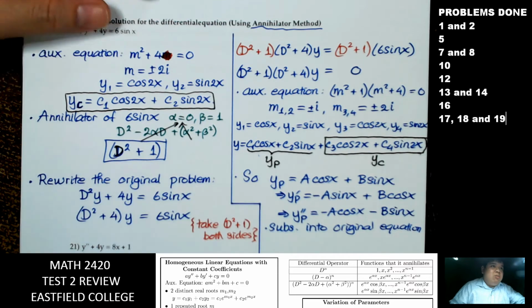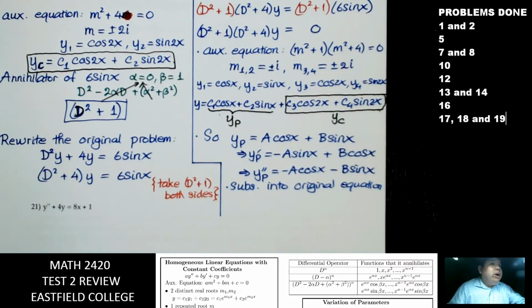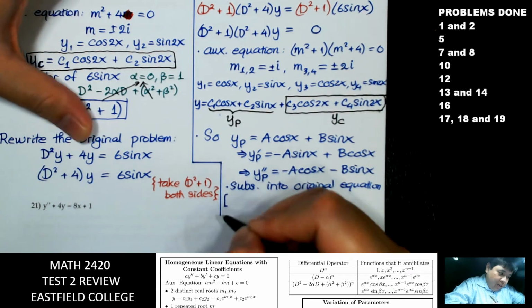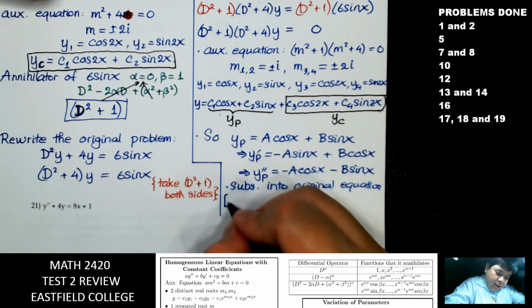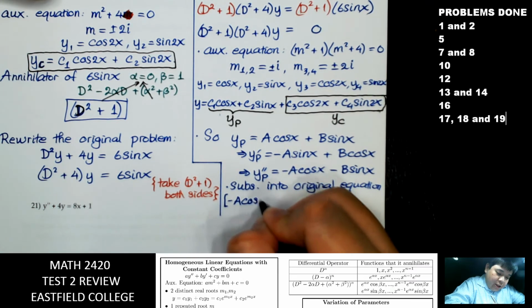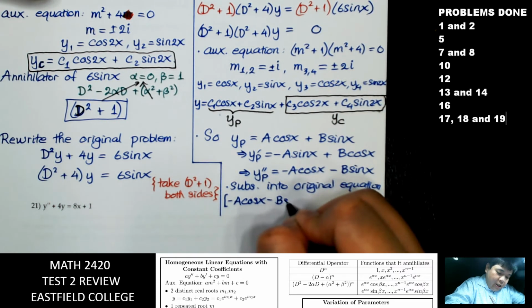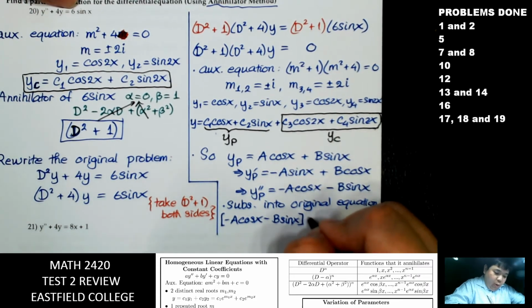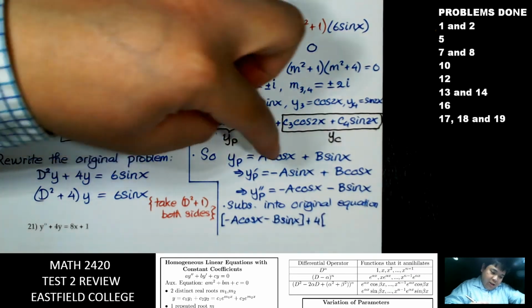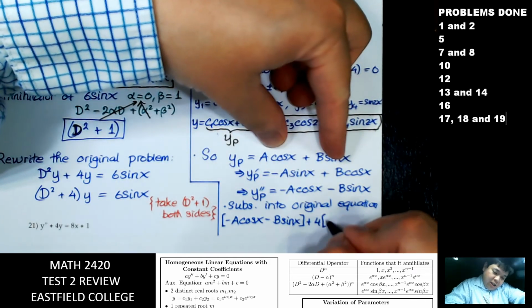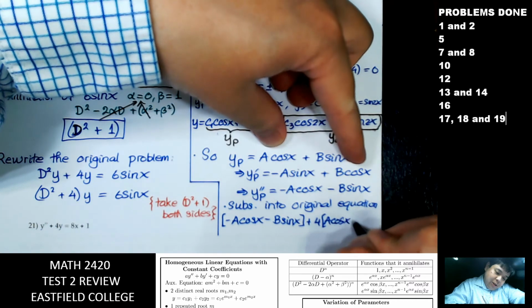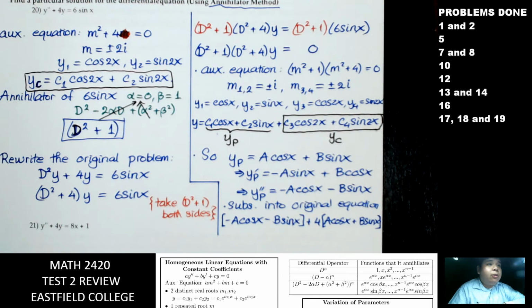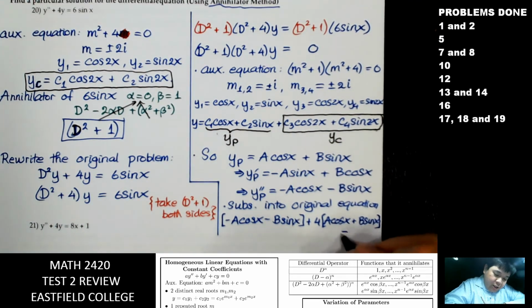I should write smaller on this step. Anyway, we will have the second derivative, negative A cosine x minus B sine x, plus 4 times the function, A cosine x plus B sine x, equal to 6 sine x.